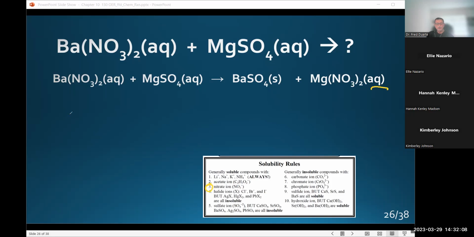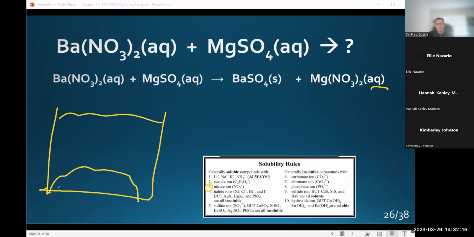And so if we were to draw a diagram of a beaker with this, the bulk of the material down at the bottom would be barium sulfate, okay? And yes, there would be a few ions of the barium sulfate in solution because it's a weak electrolyte.